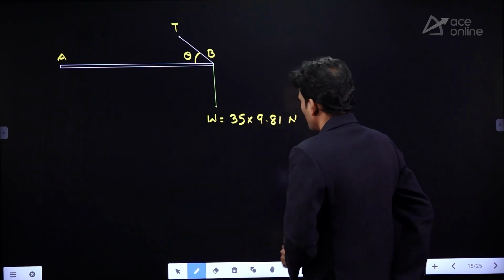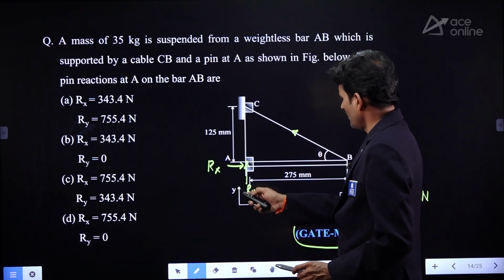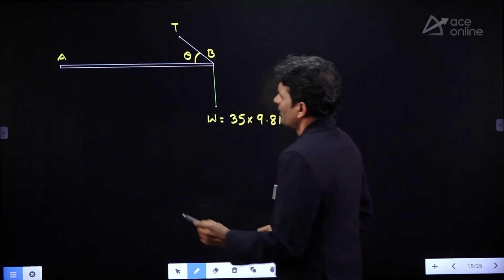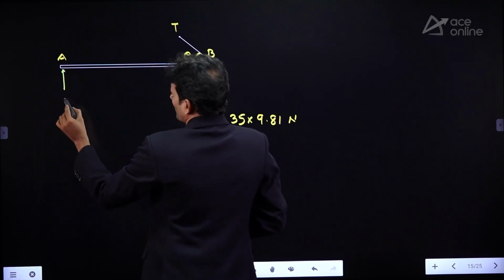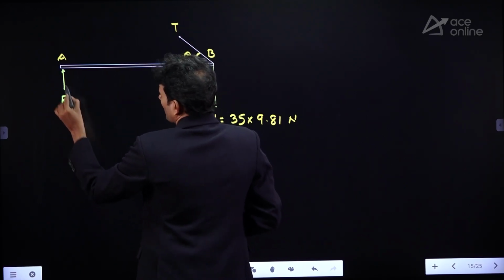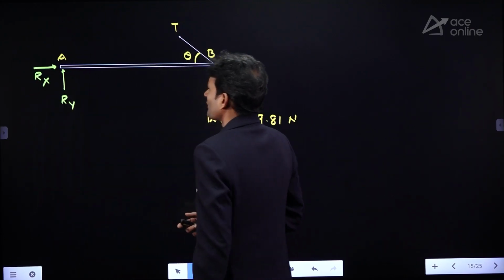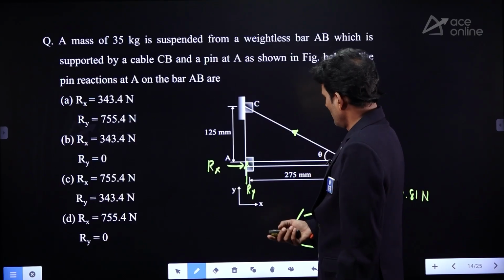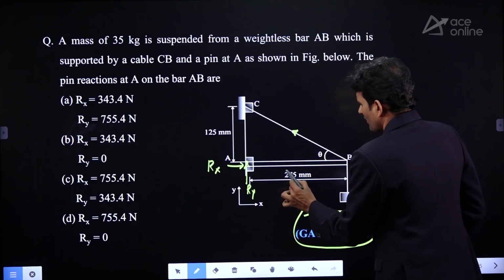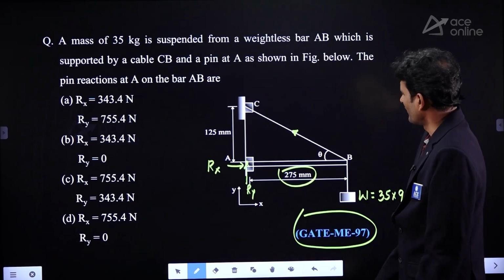So, we require the reactions at pin A. Pin A gives two reactions, that is Ry and this is Rx, clearly mentioned XY directions we are having, right? Now, what is the length of this one? It is given as 275 millimeter.